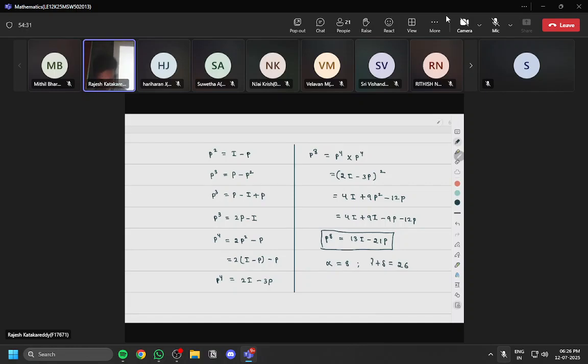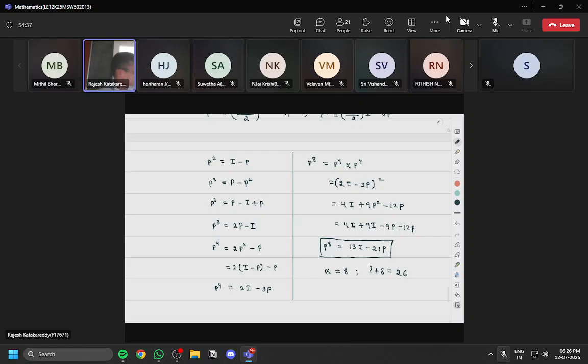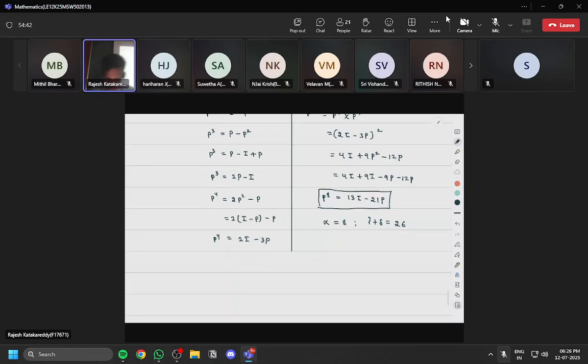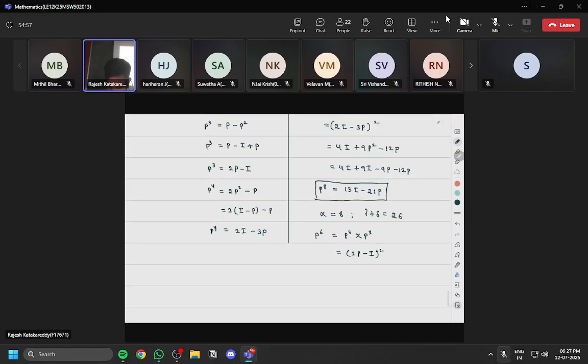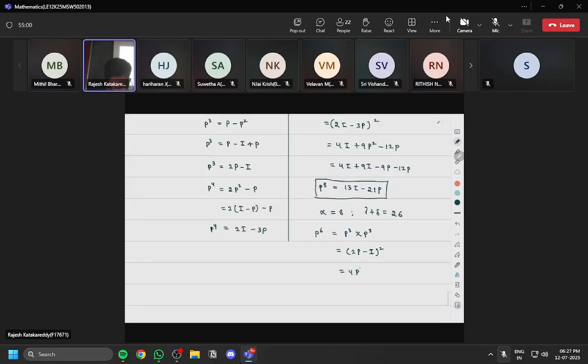Right? Now P power 8 I found, I directly went to 21, but I need minus 8 for beta. So P power 6. Clear? P power 6 is P cube into P cube again. So this is (2P minus I) whole square. So we have 4P square plus I minus 4P.